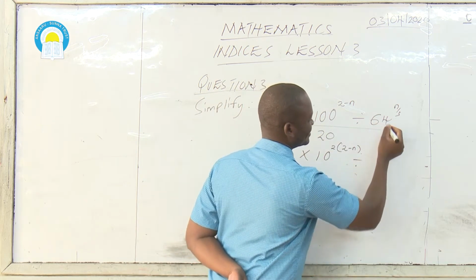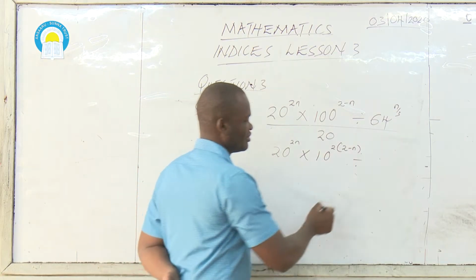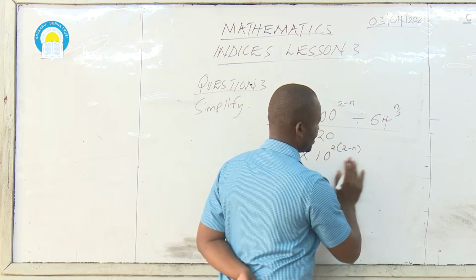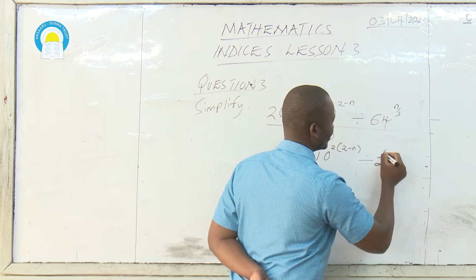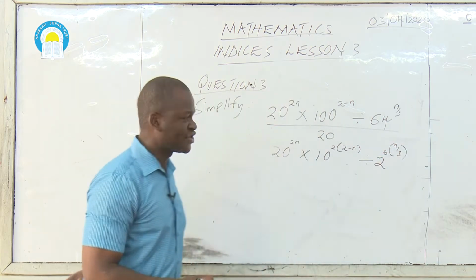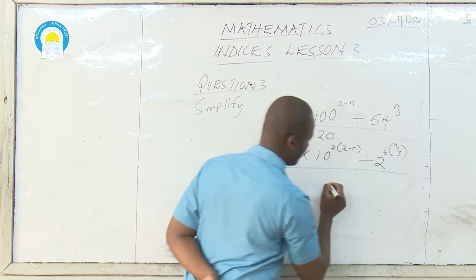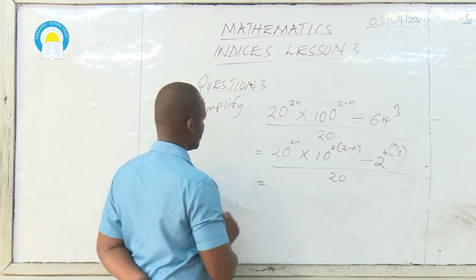Divide by 64, in terms of base 2, will be the same as 2 power 6, into n over 3. Then over 20. Then we continue.